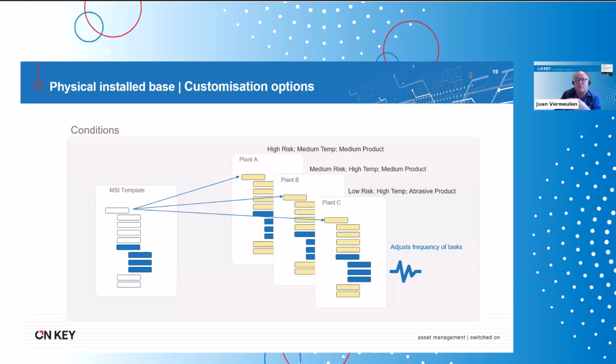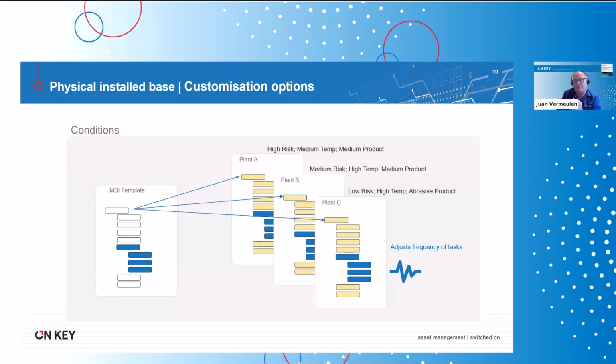So I want to run high risk because I've maybe got redundancy. So take the frequency of the tasks and stretch it out a bit. I don't have to maintain these certain assets so rigorously, because if something breaks, I've got enough spare parts, enough redundancy, duplicates or triples of these things in my store.